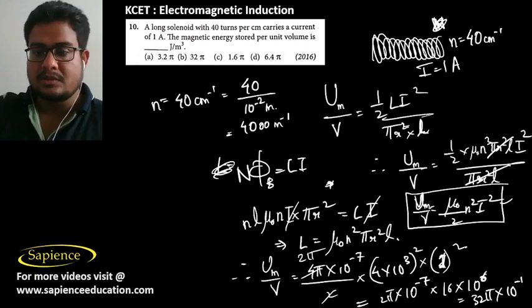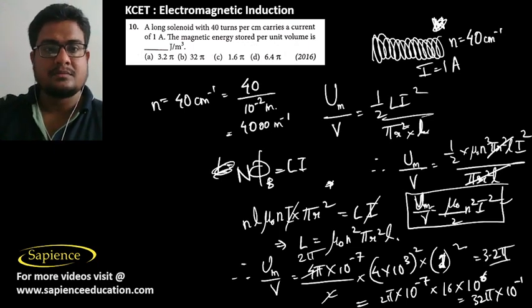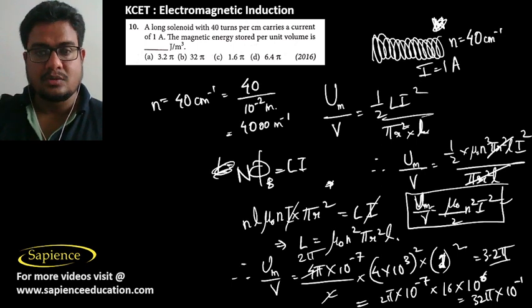So therefore the answer will be 3.2 pi. Option A is the correct one.